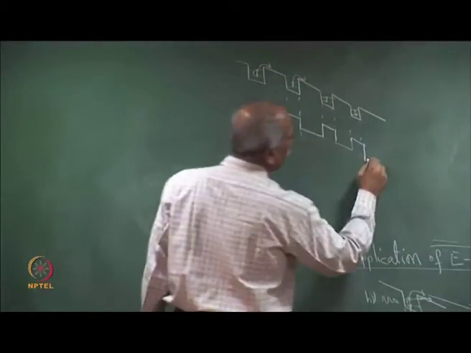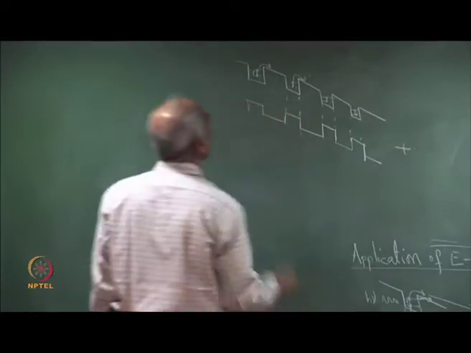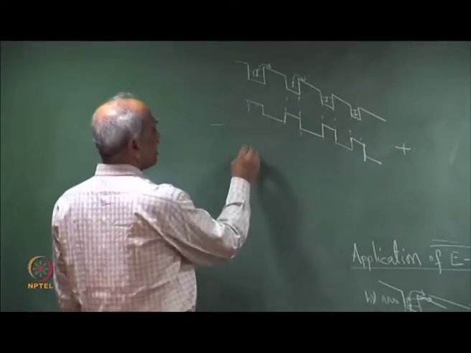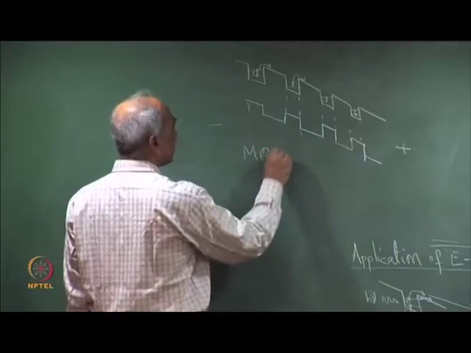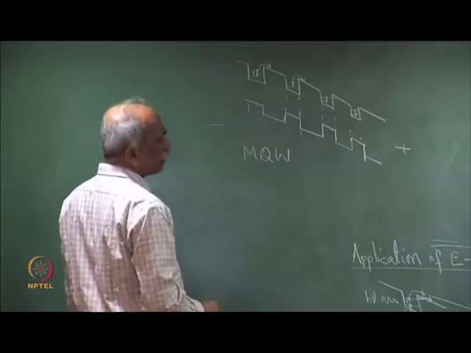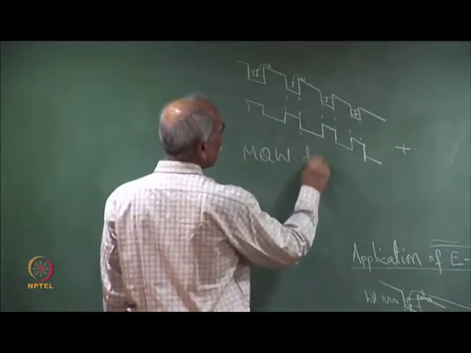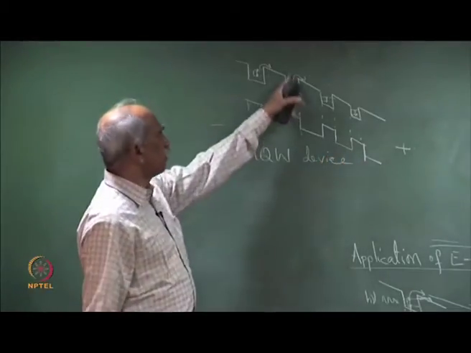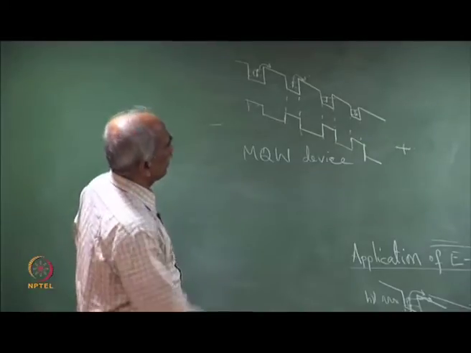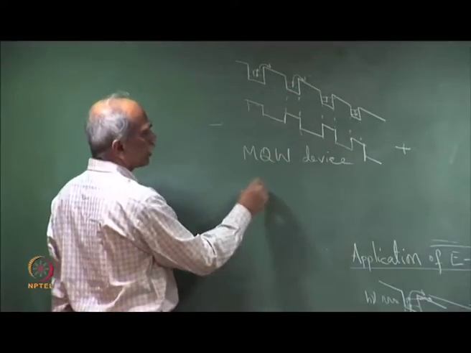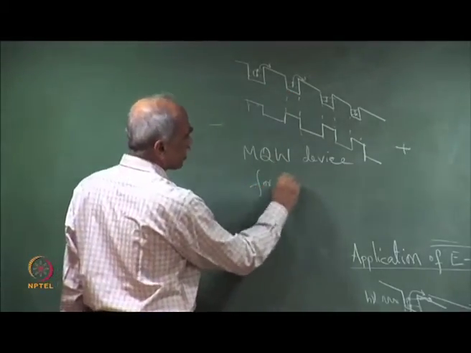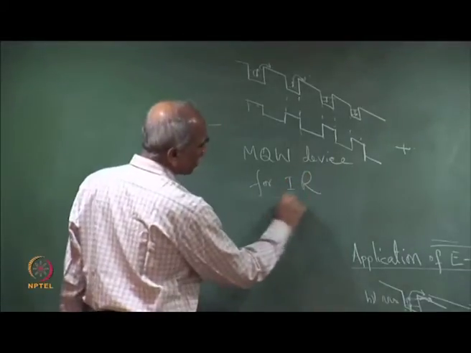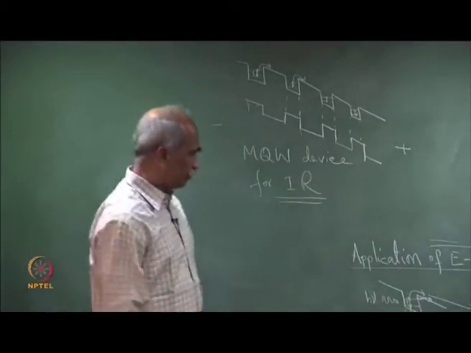There is an applied potential here, plus and minus. So, this is a multiple quantum well (MQW) device which uses intersubband transition for detection of IR radiation.